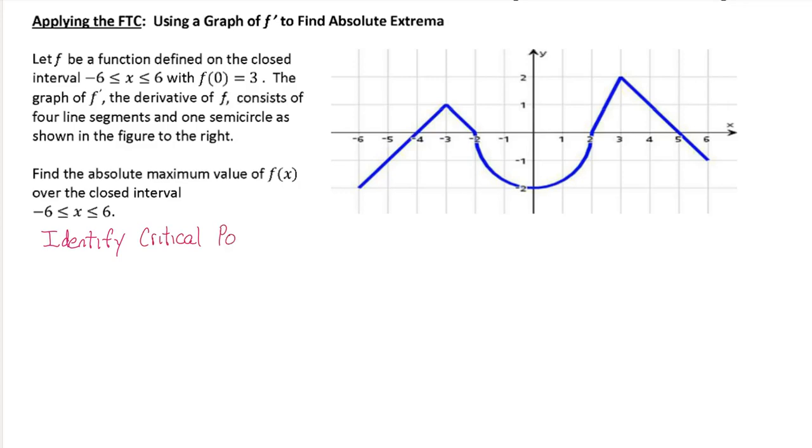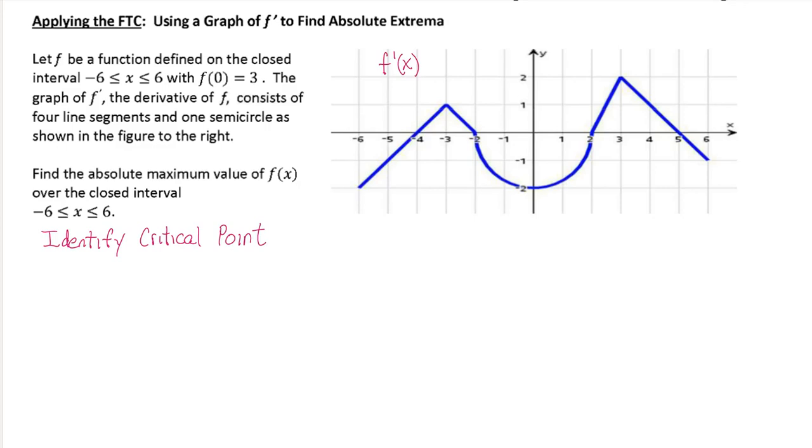Critical points are, again, where the derivative is equal to 0 or the derivative is undefined. I'm looking at the graph of f prime of x, and this derivative is not undefined anywhere.